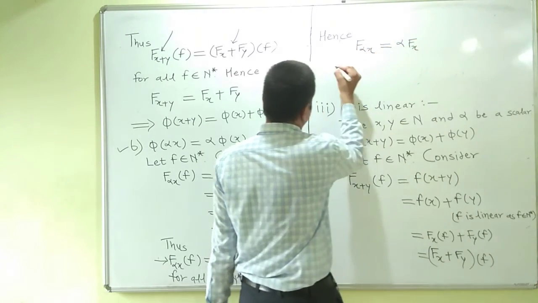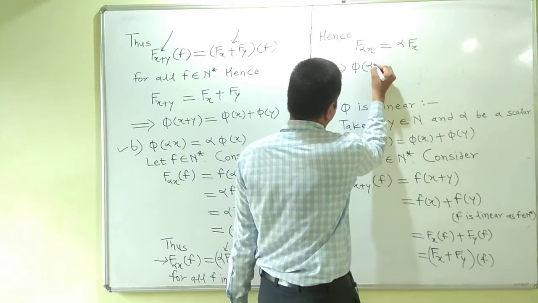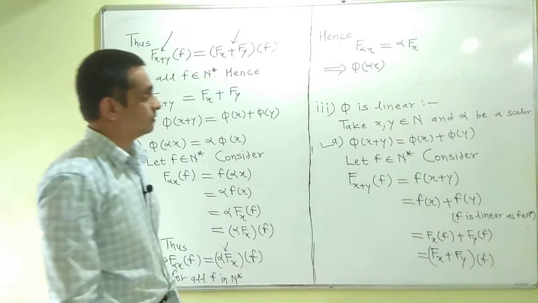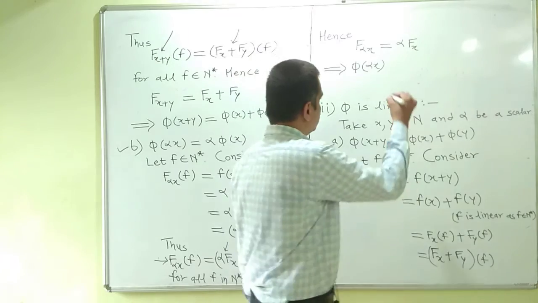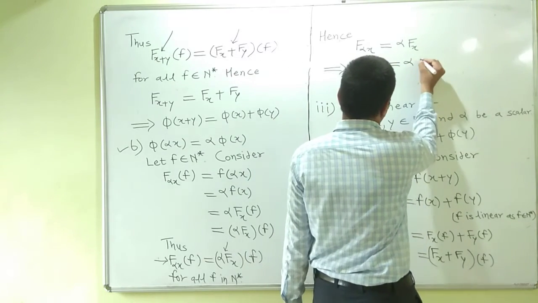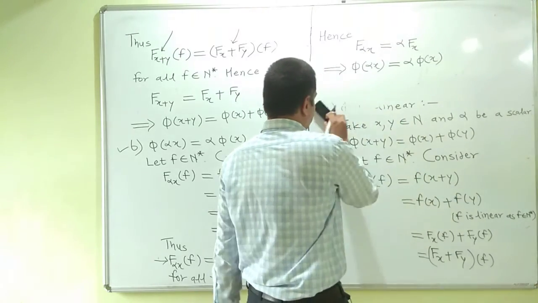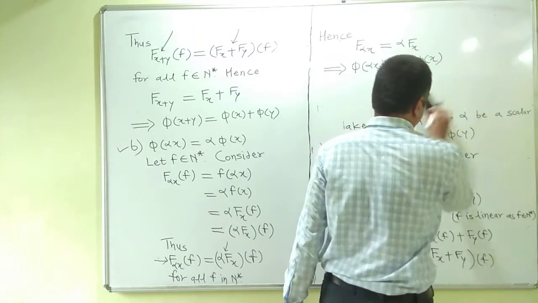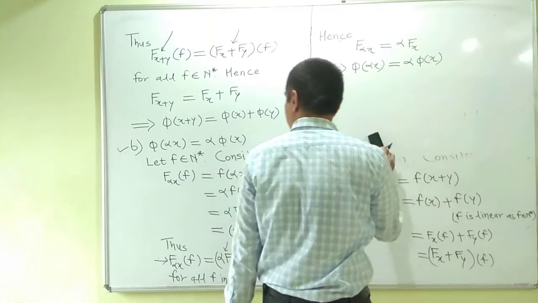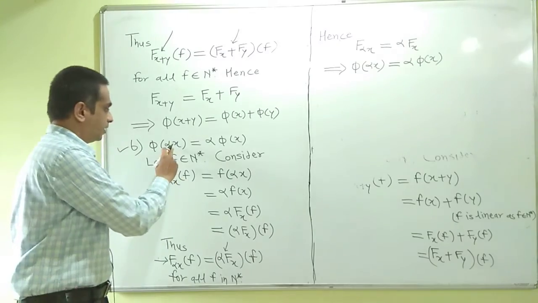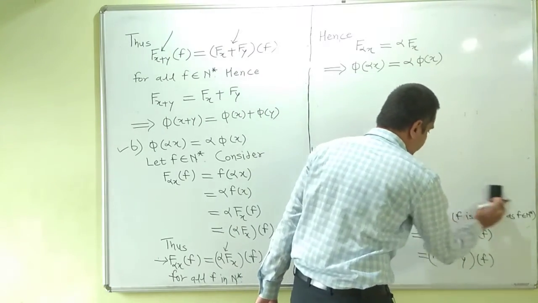This implies that phi of alpha x, because what is phi of alpha x? It is nothing but f of alpha x. Hence phi of alpha x equals alpha times phi of x. This proves our required conclusion, so this proves the third property.